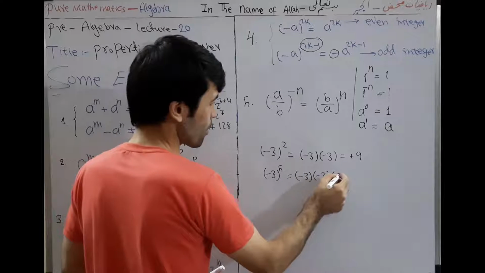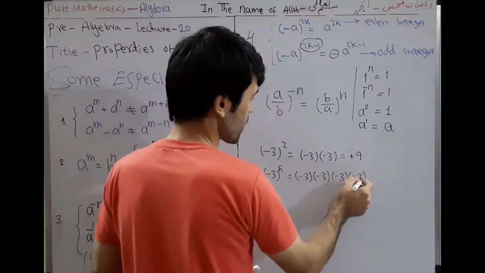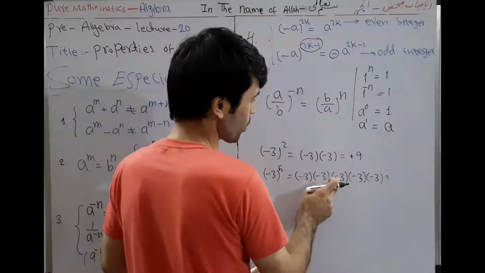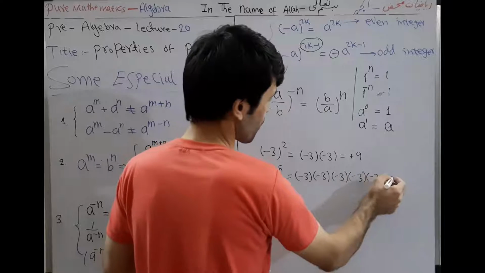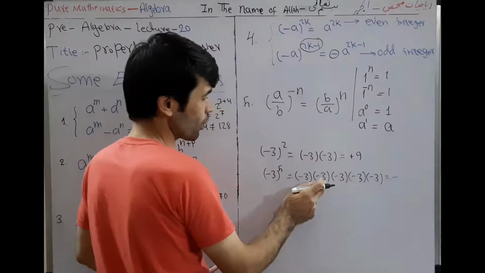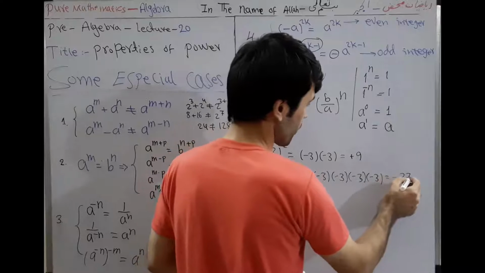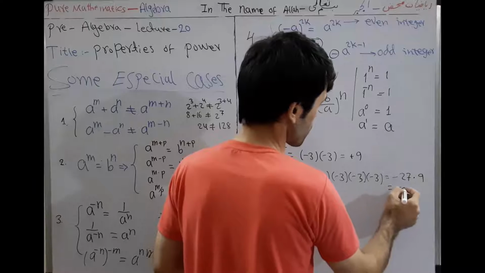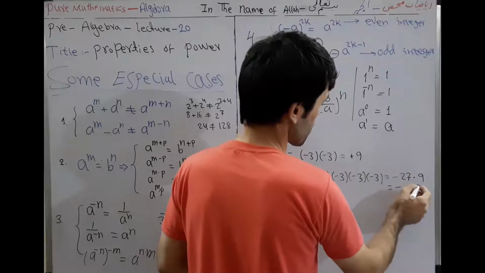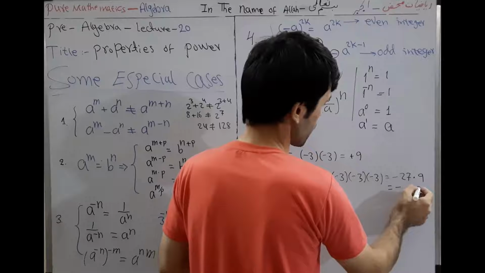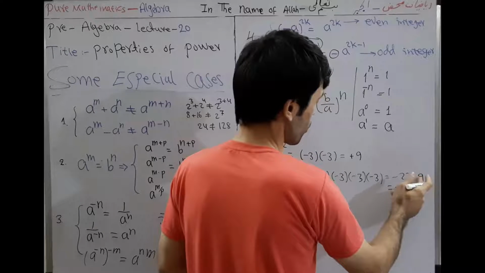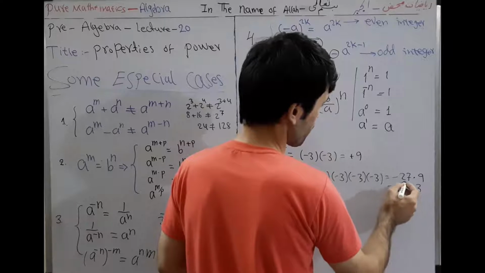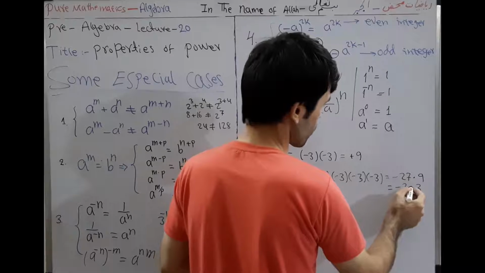Minus 3 multiplied by minus 3, five times. Minus times minus times minus times minus times minus gives minus. 3 multiplied by 3 is 9, 9 multiplied by 3 is 27, 27 multiplied by 3 is 81, and 81 multiplied by 3 is 243.